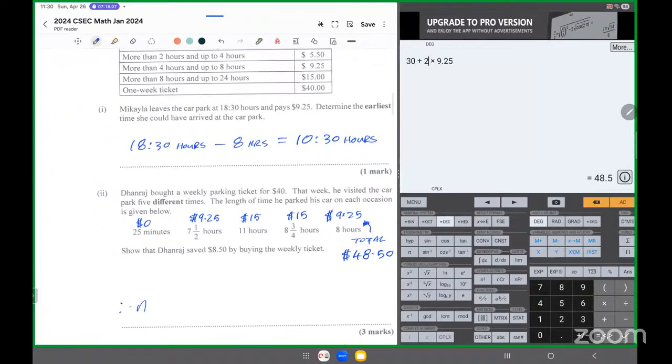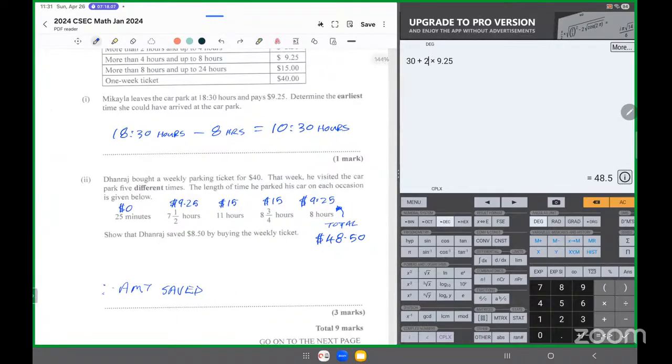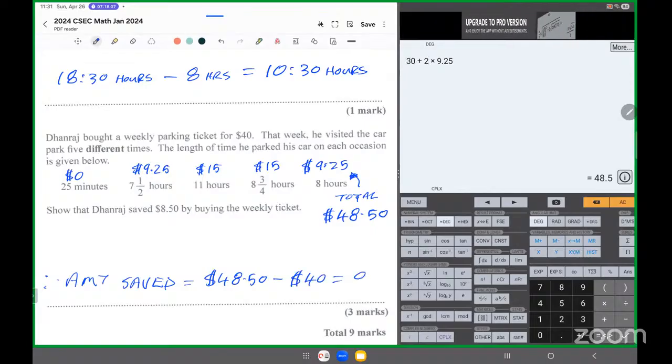Therefore, the amount saved by paying $40 for the week is equal to $48.50 minus the $40, which is $8.50.